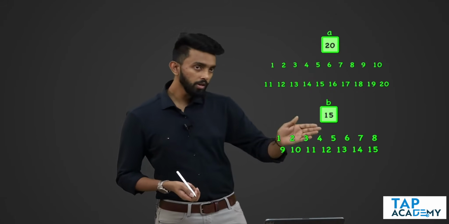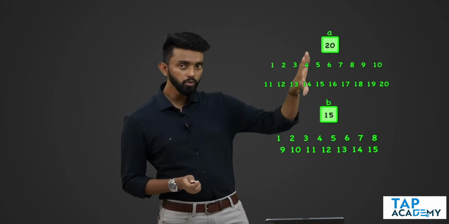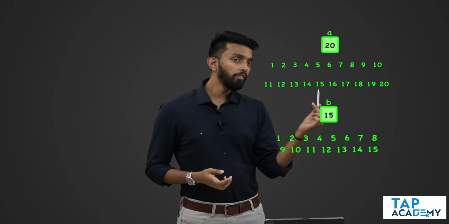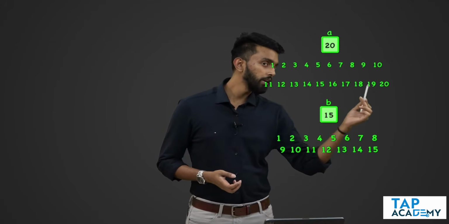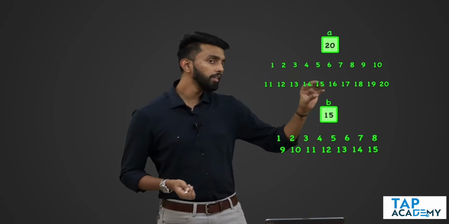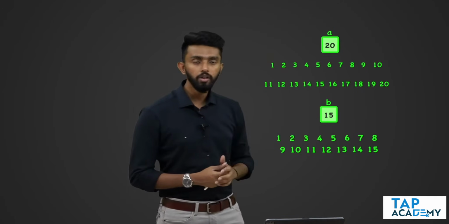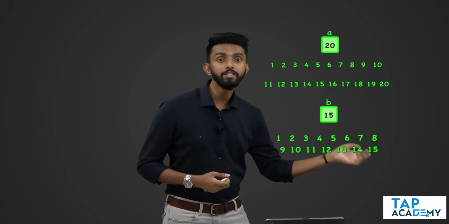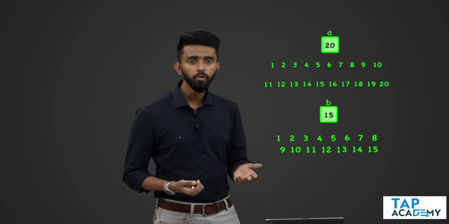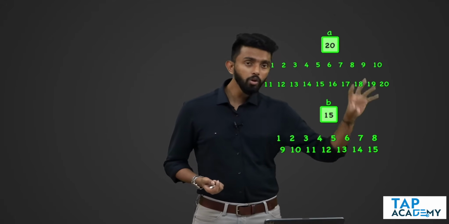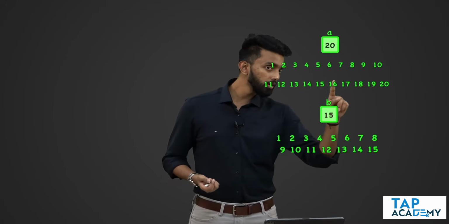Which is the smaller number? 15. Now, if you use some common sense, these numbers after 15, that is 16, 17, 18, 19, 20, will they ever be able to be part of the GCD or HCF of 20 and 15? No. Because any number greater than 15 can never be common, because here it's only till 15.